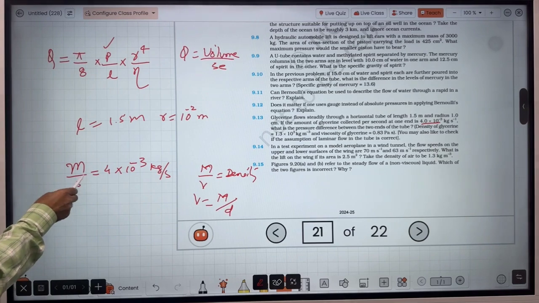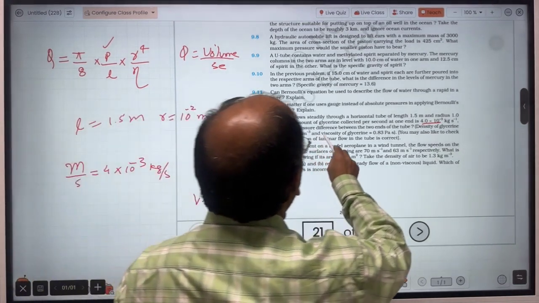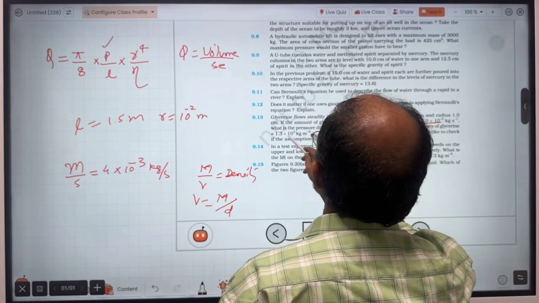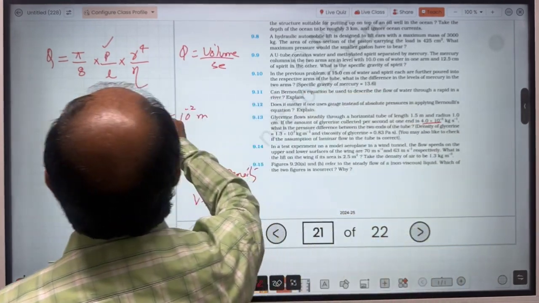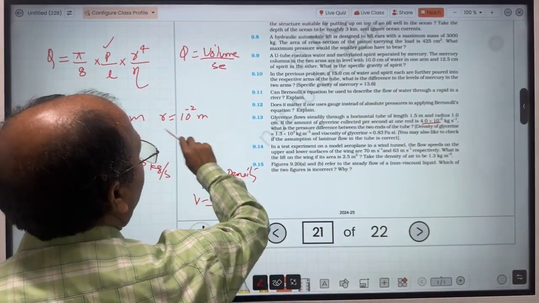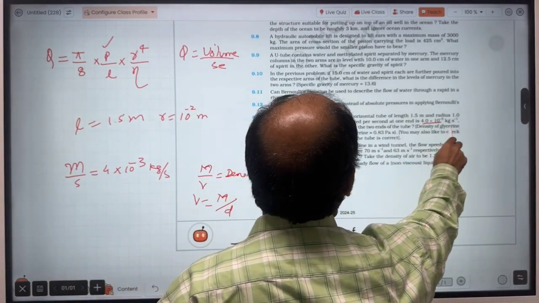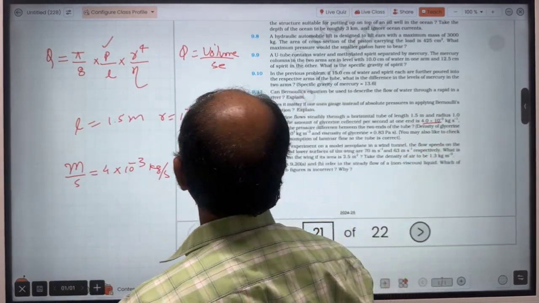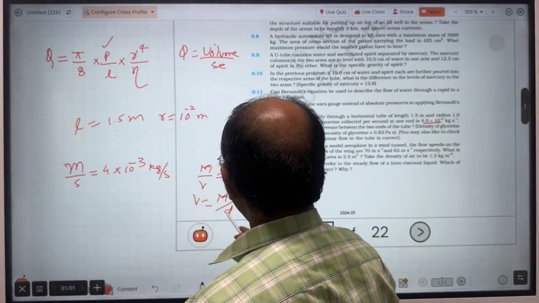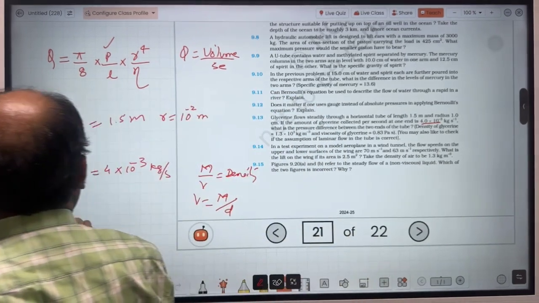So here we can divide by density to get that. The density of glycerin rho is given. So mass divided by density will give us volume per second.